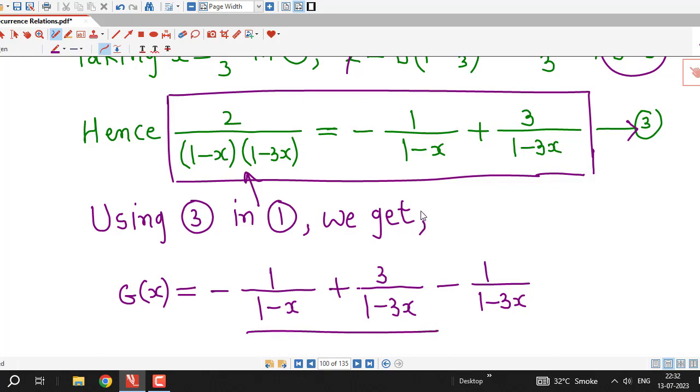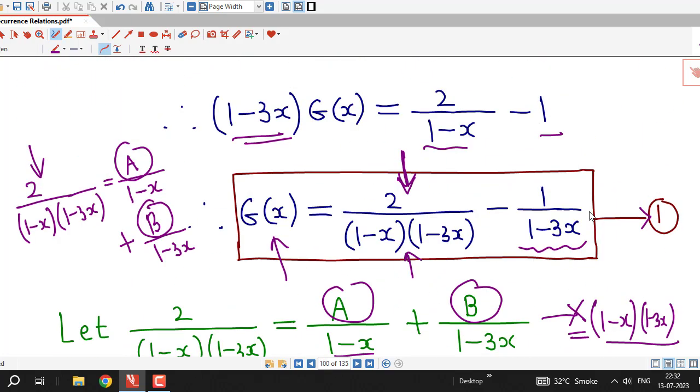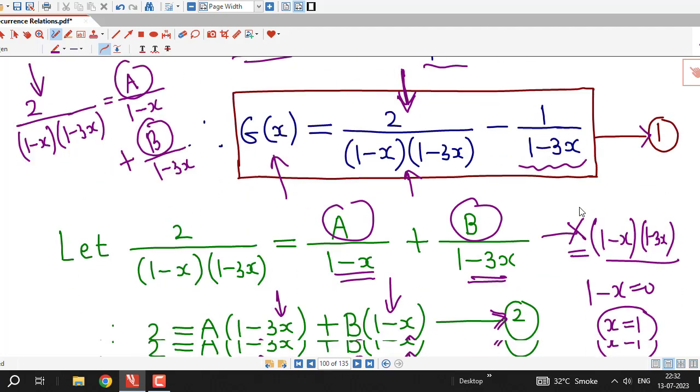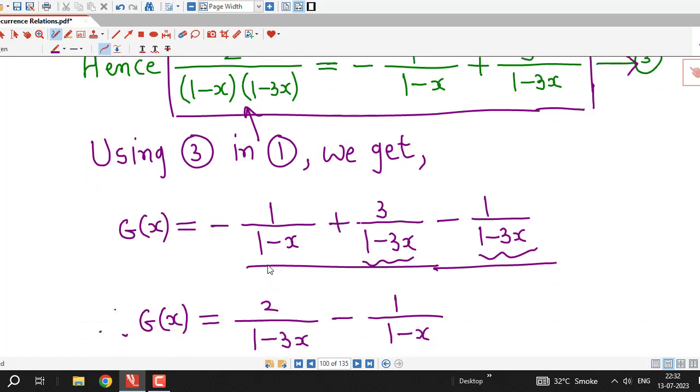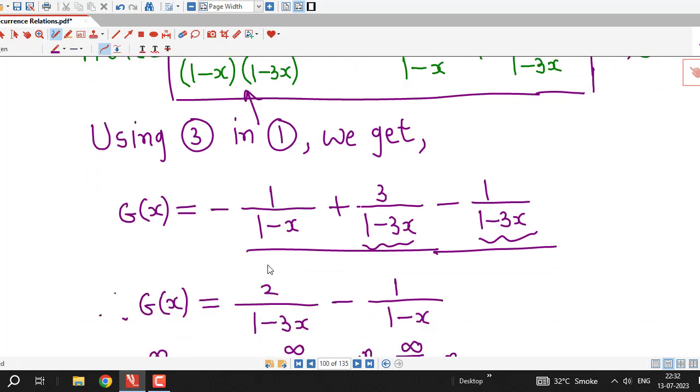So that I have written here, and we have this quantity minus 1 over 1 minus x, that also I have written. Now if you can see, in these two terms we can take 1 over 1 minus 3x, and we have 3 minus 1, that is 2. So finally we have 2 over 1 minus 3x minus 1 over 1 minus x.